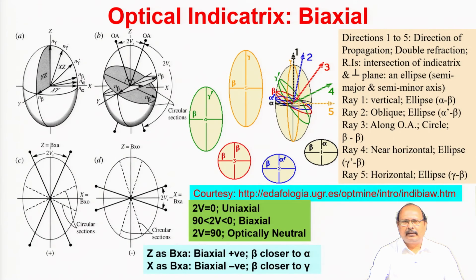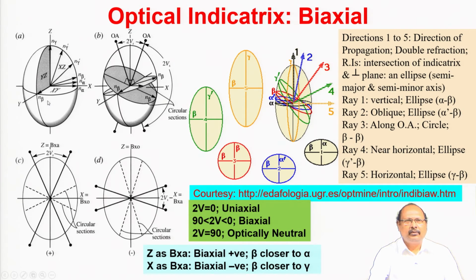Now, let us move forward and try to see further about the different issues of the optical indicatrix. Now, you see here, this is a triaxial ellipsoid, and you can see these three planes as I was telling you.